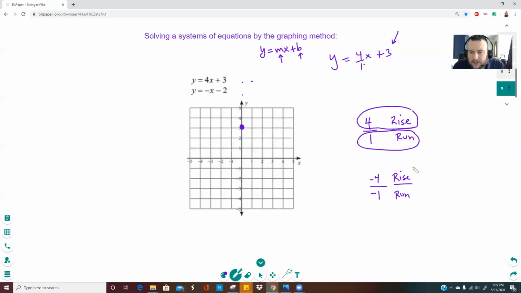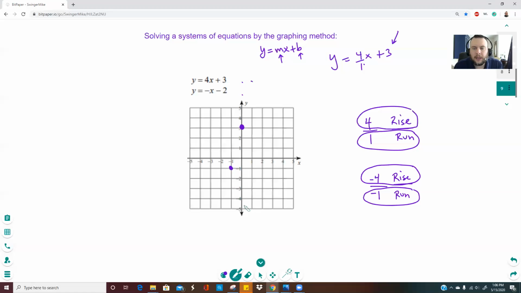Since it's a negative 4 rise, I'm going to go down 1, 2, 3, 4. I'm still not done yet. I go a negative 1 in the run, which means go to the left 1. So I go down 4, then left 1, and then I put a dot.